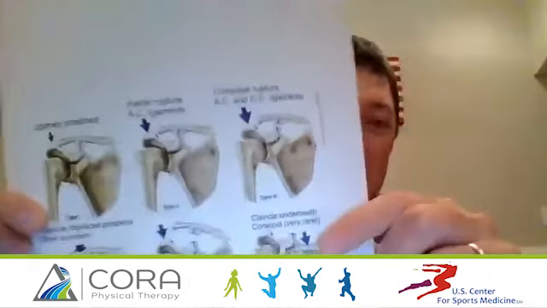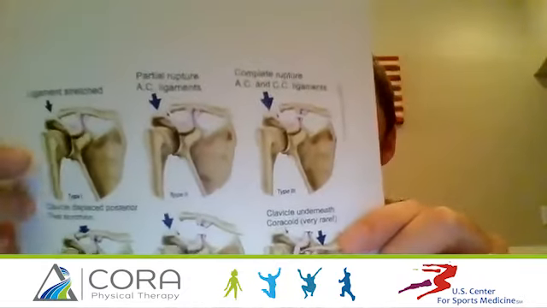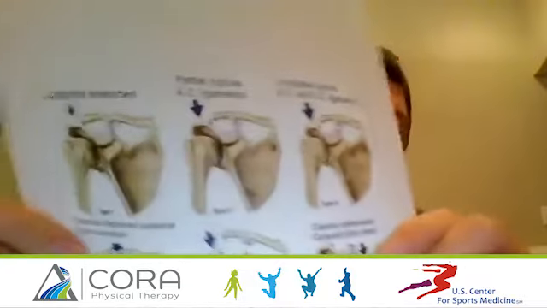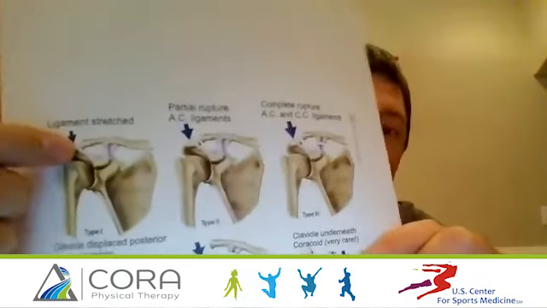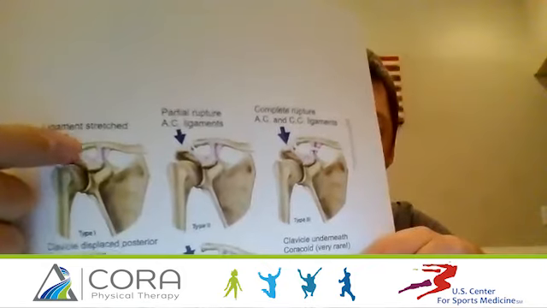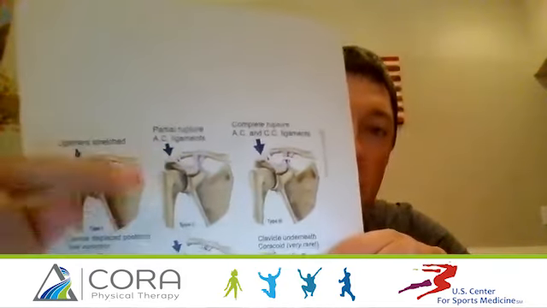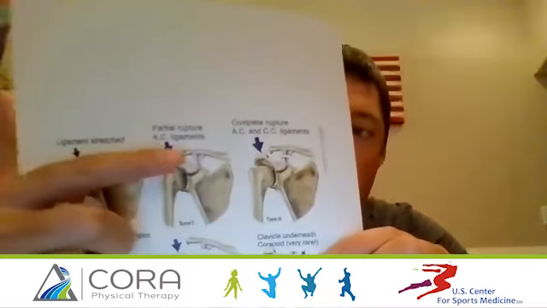Yeah, so I've actually got another picture. This is another helpful picture here. So this is a quick classification here, but essentially it starts from grade 1 and goes down to grade 6. So grade 1 is basically just a sprain of those AC ligaments, the ligaments between the clavicle and the acromion. Grade 2 disrupts that, and the clavicle translates superiorly about 25% or so.